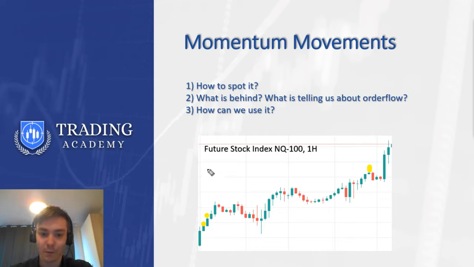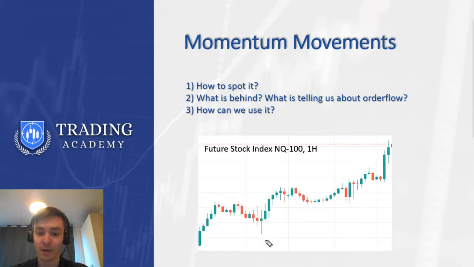And third one, specific to how we can spot a moment of movement, is that there are candles in a row with the same color. It means that the overall order flow is one-sided. And as a trader, we need to understand the complex order flow.